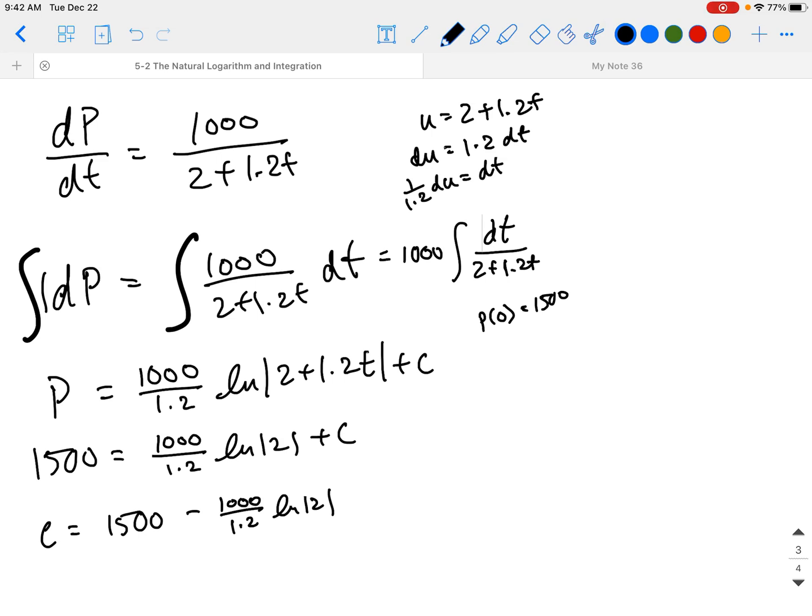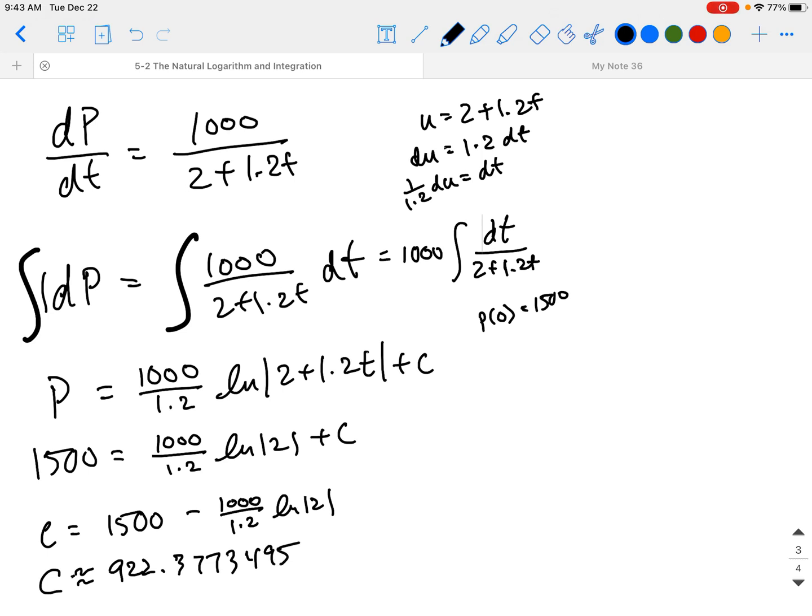So if we pull out our calculators, we can approximate that. So what we're going to end up with is 922.3773495.